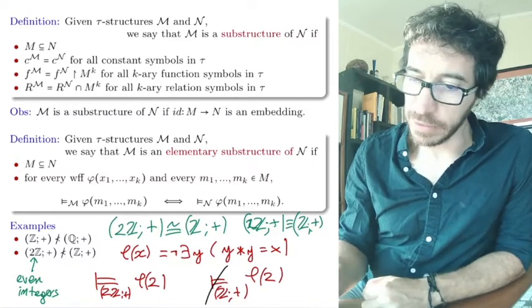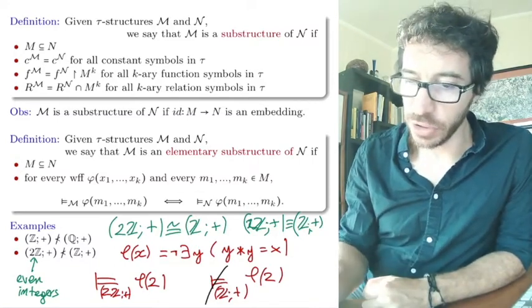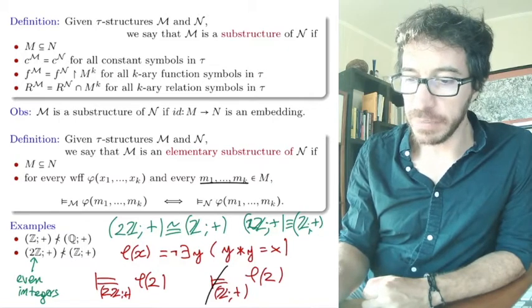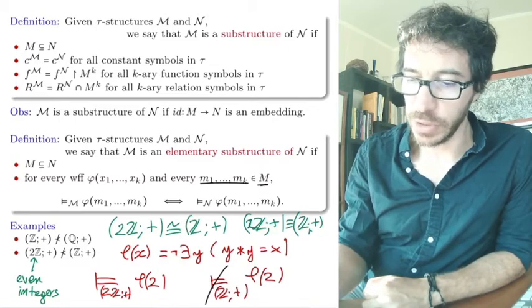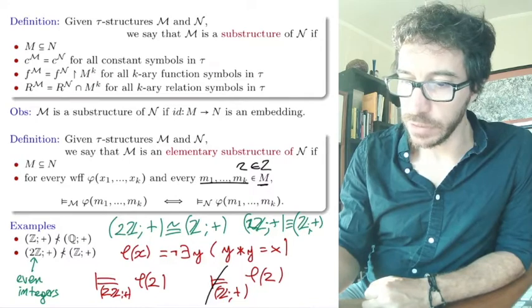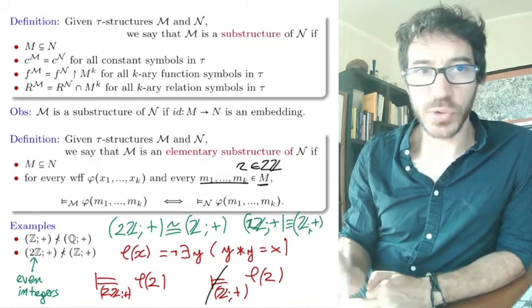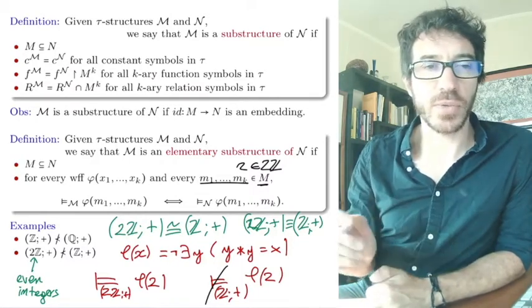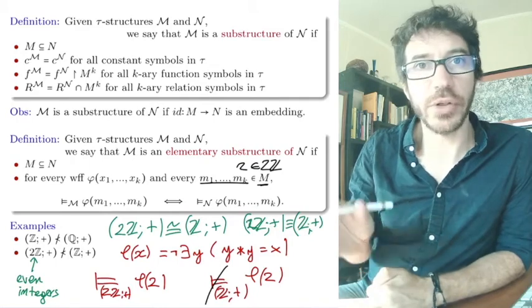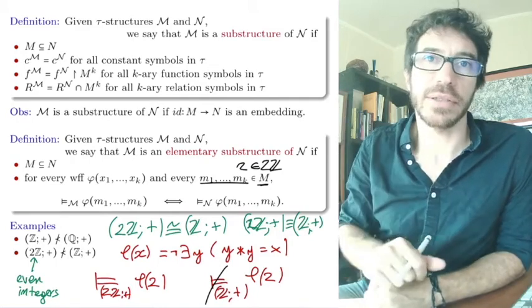To have an elementary substructure, we need this for all m that belong to the smaller one. Here we're using 2 that belongs to 2Z, and one is true and the other is not. So that's why it's not an elementary substructure, even though it's an elementary equivalent structure.